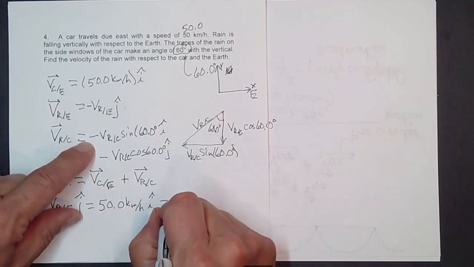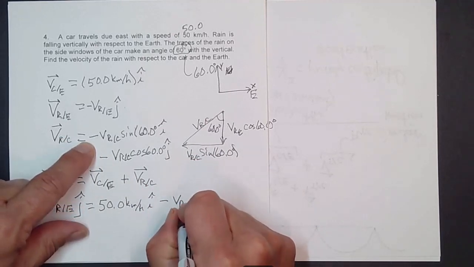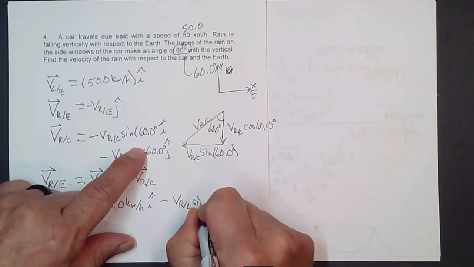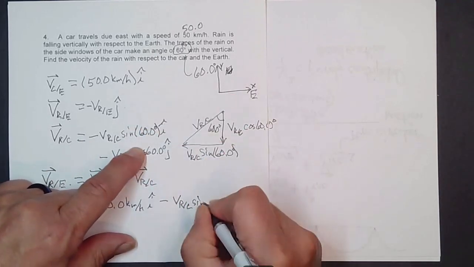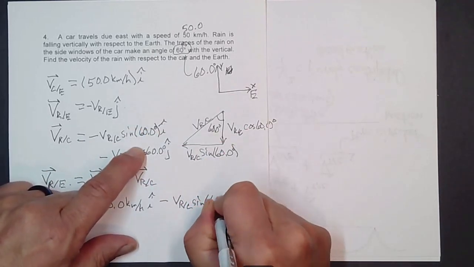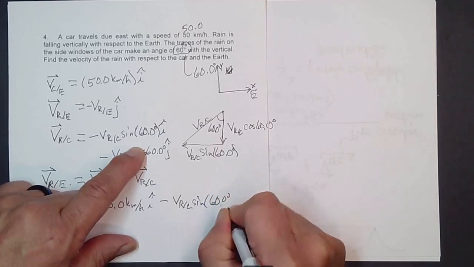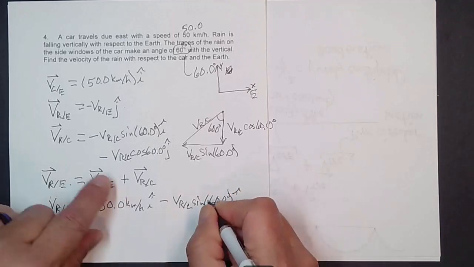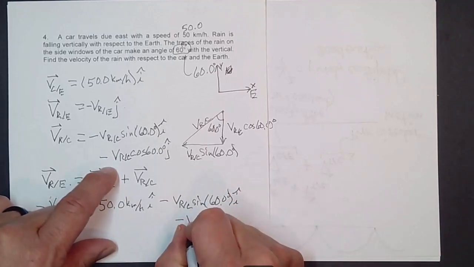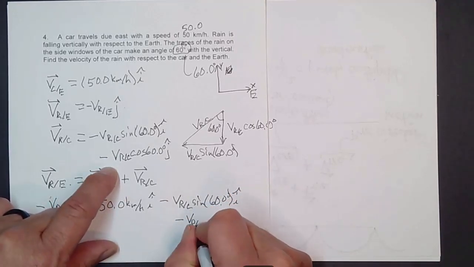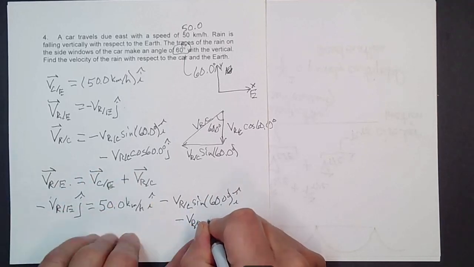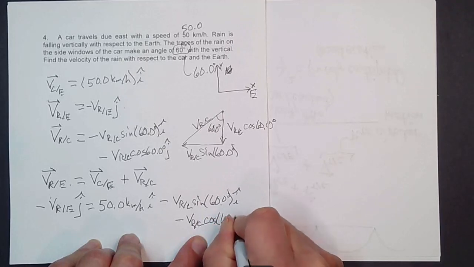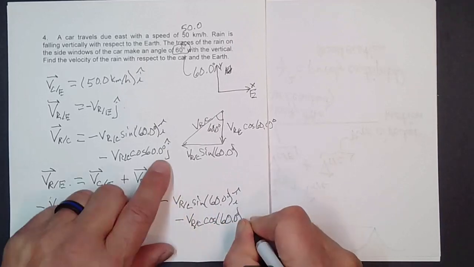So I'd have minus the velocity of the rain with respect to the car times the sine of 60.0 degrees, and that's in the i-hat direction. And then I have minus the velocity of the rain with respect to the car times the cosine of 60.0 degrees in the j-hat direction.